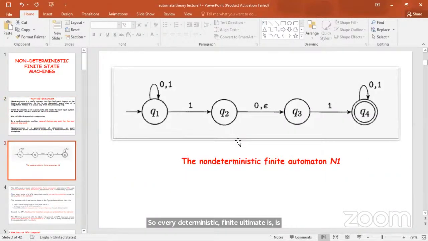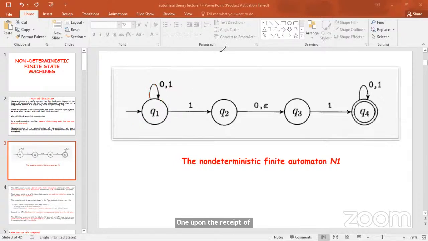Now, look at this diagram. What you observe is that this is the initial state from our previous experiences. You see that this is generally allowed, where upon the receipt of 0, you remain in Q1. Upon the receipt of 1, you remain in Q1.